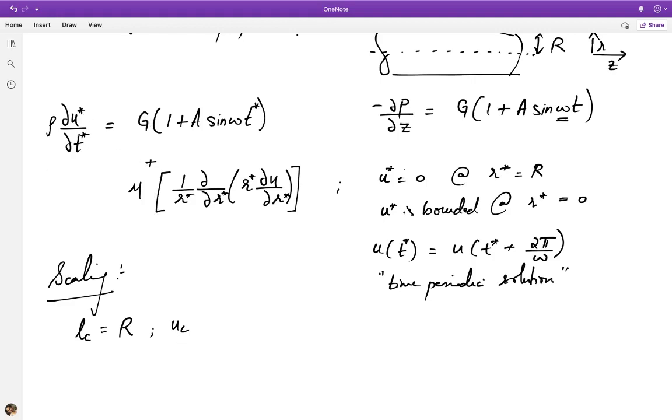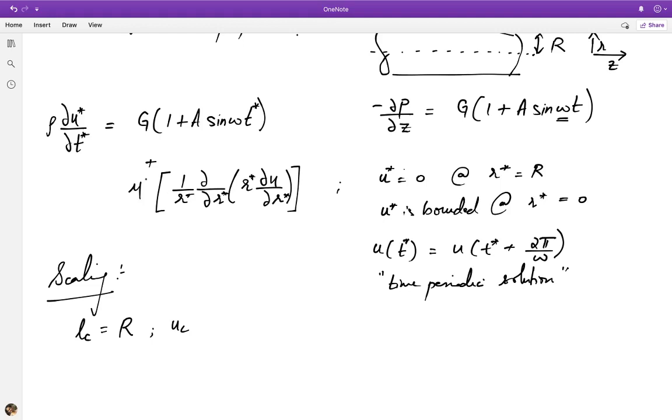Because here too I will get a uc over the characteristic time t c, yet to be determined. So for the moment, let us balance the viscous term with the pressure gradient, implicitly saying that the problem is dominated by viscous stresses and pressure gradient stresses, and the inertial effects are a modification. But we can, of course, as you know, rescale the problem when we're looking at different limits.